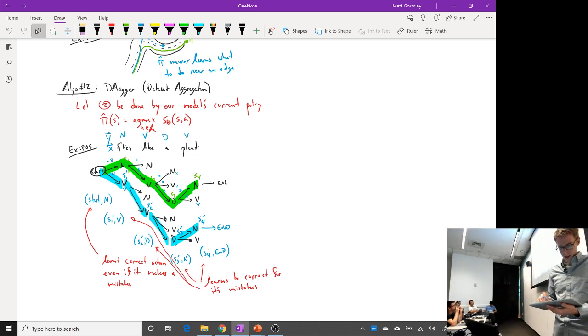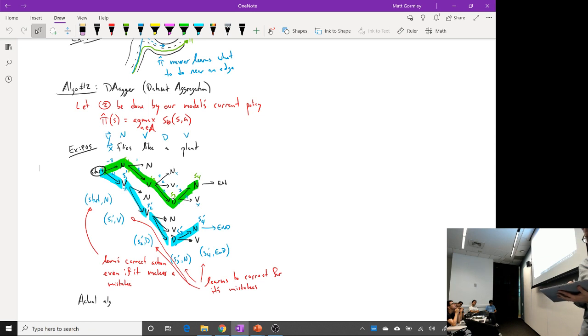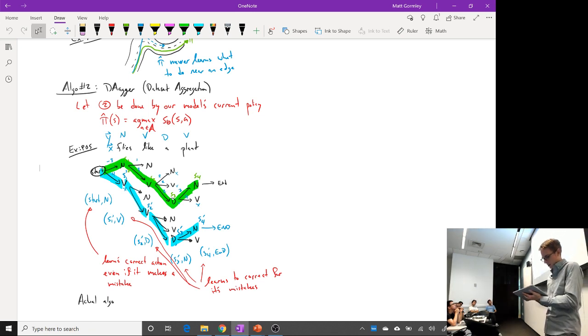Okay, so the last detail is that the actual algorithm is going to use a stochastic policy that mixes pi star and pi hat.